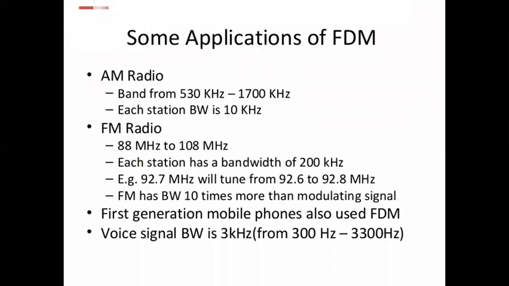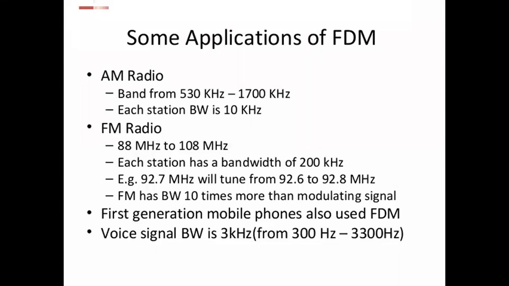Now, the applications of FDM, frequency division multiplexing: where do we use it? One application is AM radios. The AM radio band is from 830 kilohertz to 1700 kilohertz, and each station bandwidth is 10k. Another application is FM radios.